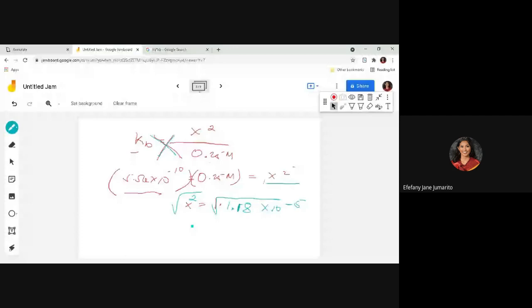So x is equal to 1.18 times 10 to the negative 5.